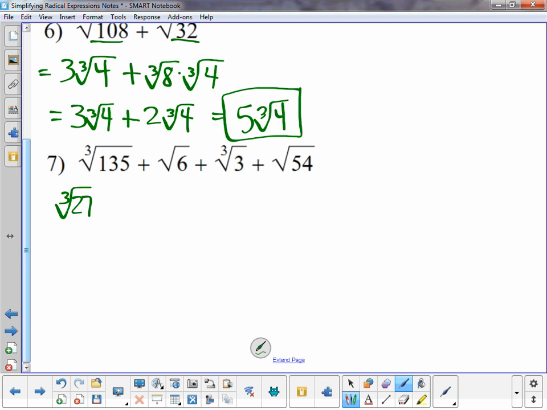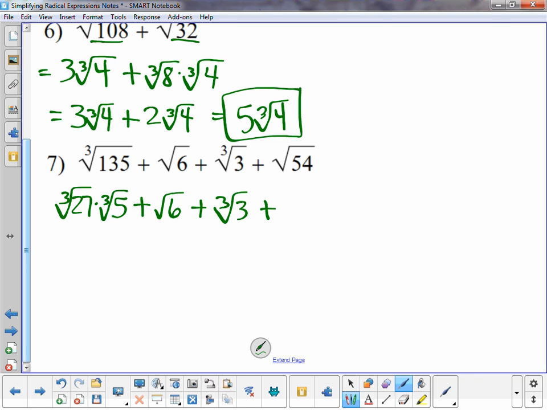So then we go cube root of 27 times the cube root of 5 plus, now 6. Does 6 have a factor that's a perfect square? No. The smallest perfect square, like we mentioned earlier, was 4, and 4 is not a factor of 6, so we just leave that one alone because it's already simplified. What about cube root of 3? Is that simplified? Yes, because there's not a factor of 3 that's a perfect cube.